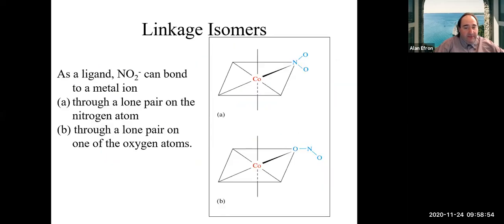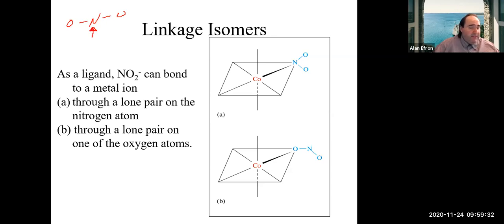Now, another type of isomer is a linkage isomer. In a linkage isomer, much like the name implies, the difference really lies in the actual linkage of the ligand. So here we're not having two different ligands coming in, or one that is a ligand and one that's not. We're actually using the same ligand. And if we look at NO2 minus, for example, let me draw the letters here. In certain cases, it can attach through the nitrogen, as it has some lone pairs.